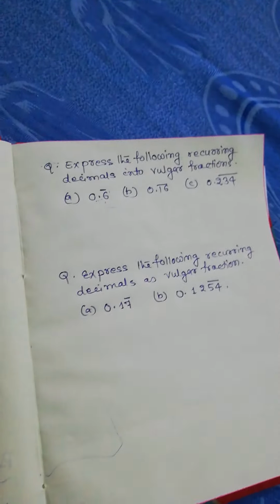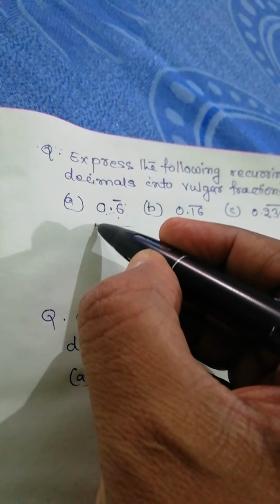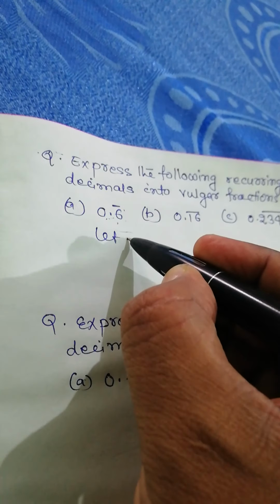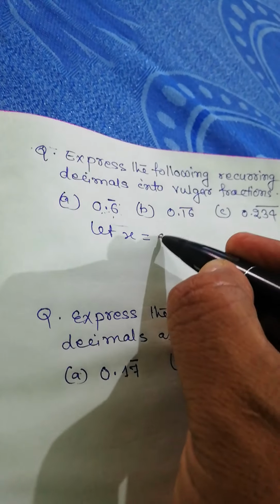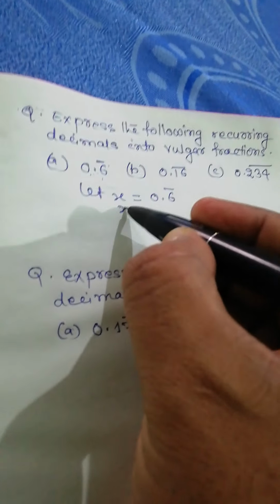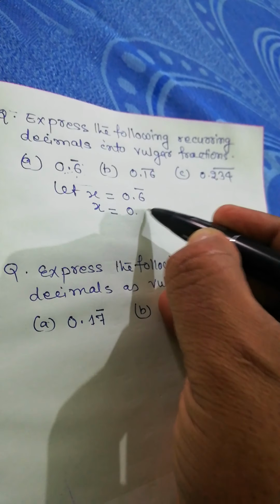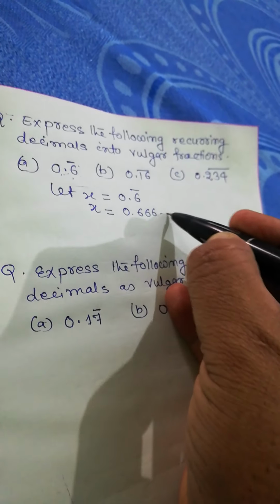There is a method to solve this type of question. So let us solve. First, let x be equal to 0.6 dash, which can be expressed as x equal to 0.666 dot dot dot.